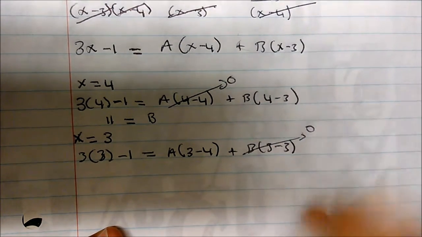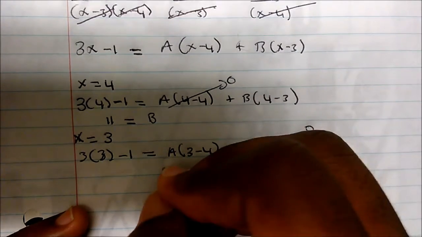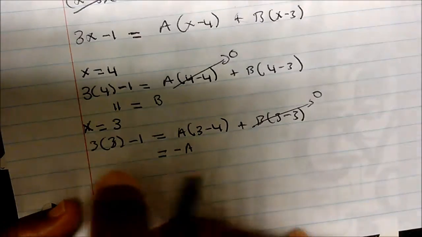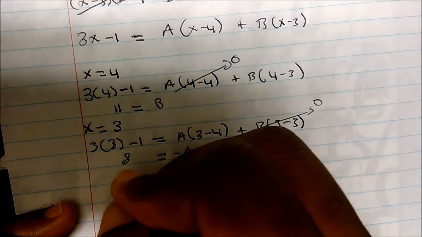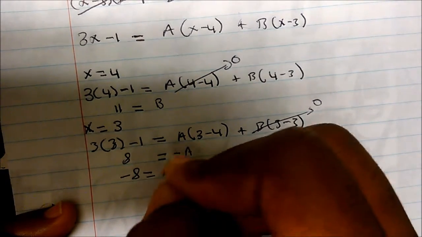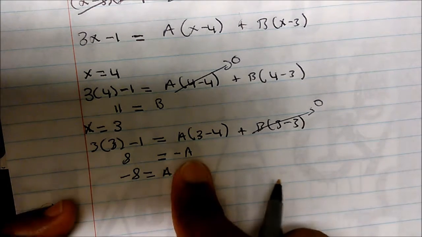The b term goes to 0. 3 minus 4 gives negative a, and that is equal to 3 times 3, which is 9, minus 1, which is 8. So a is equal to negative 8, after dividing by negative 1 on both sides.